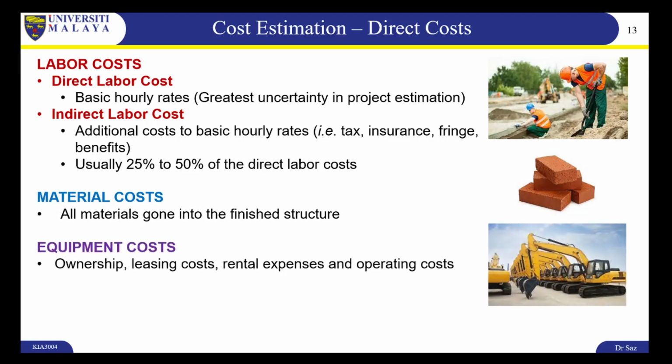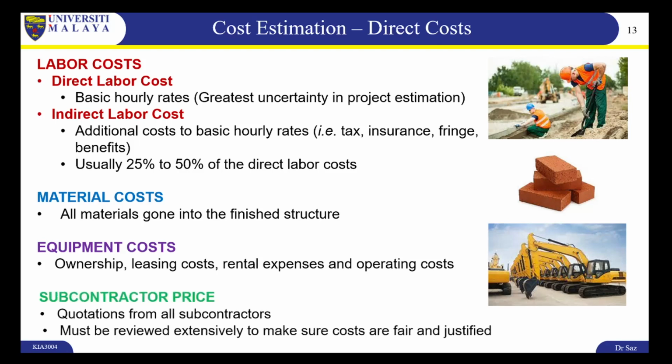There's also equipment costs. Sometimes these costs can come from owning a vehicle, or maybe if the construction firm does not want to buy the vehicle, they can lease it or they can rent it. And how much do these equipment cost to operate?